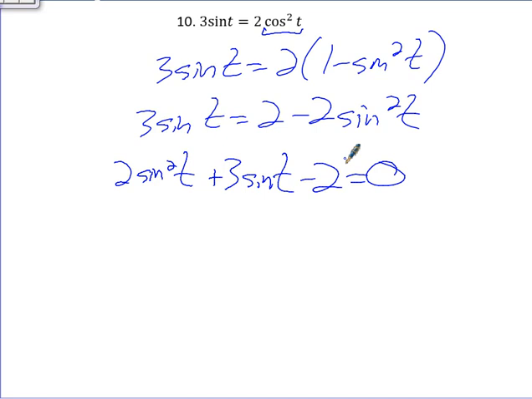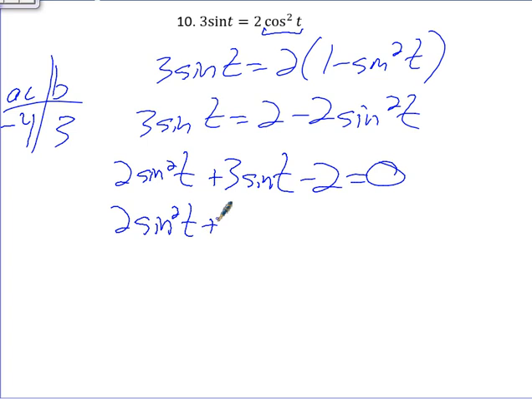And once I'm here again, I'm just doing the ACB method. So AC is going to be negative 4, B is 3. So it looks like my two values are going to be 4 and negative 1. So 2 sine squared t plus 4 sine t minus sine t minus 2. I'll group these.